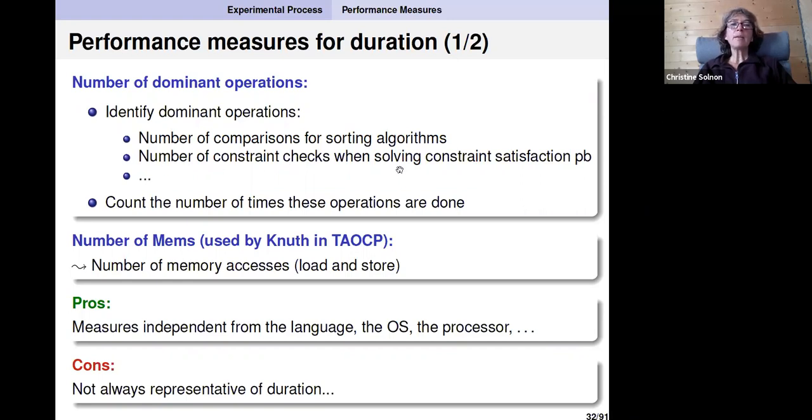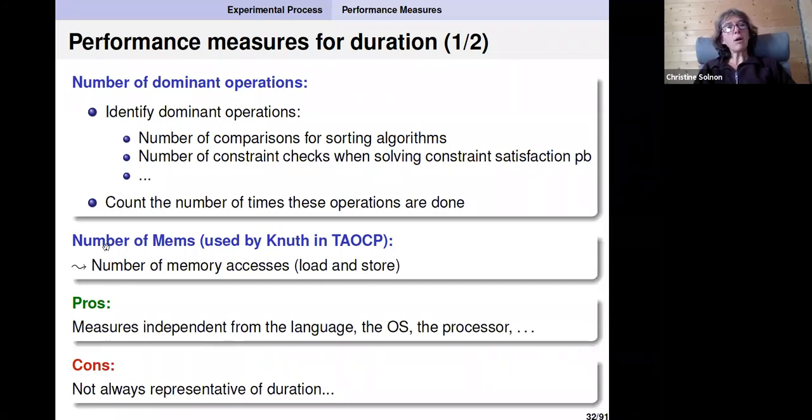Another example: when solving a constraint satisfaction problem, we can simply count the number of constraint checks. And this generally gives a good idea of the duration of the algorithm. Another performance measure, which is used by Knuth in his book The Art of Computer Programming, is the number of memory accesses, either loading a value from memory or storing a value in memory.